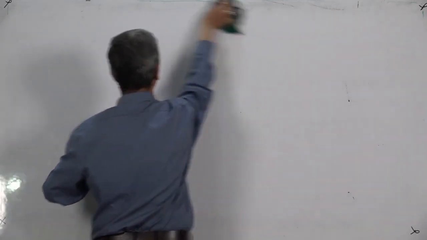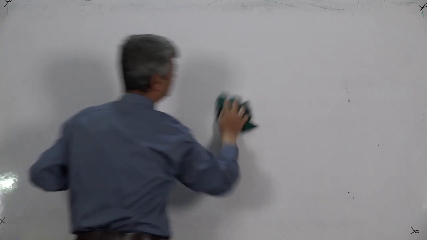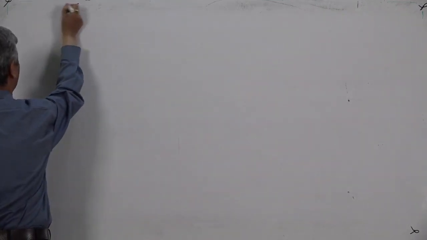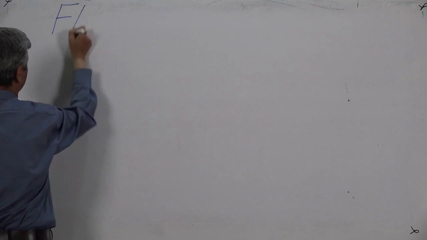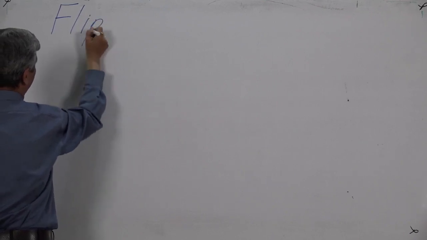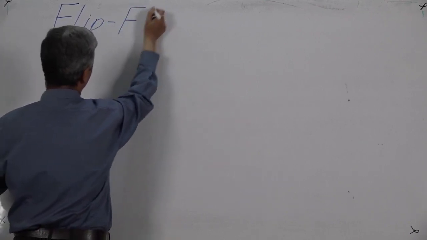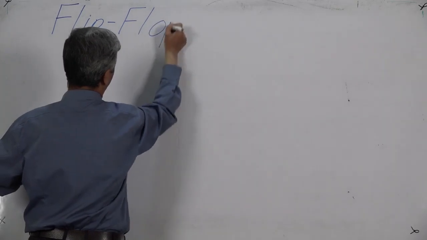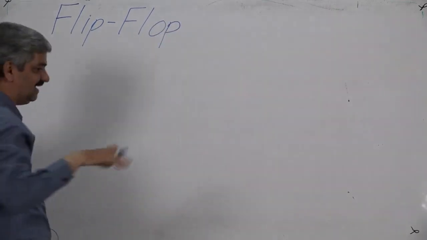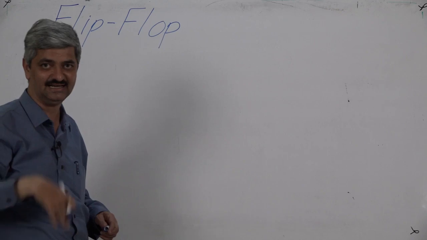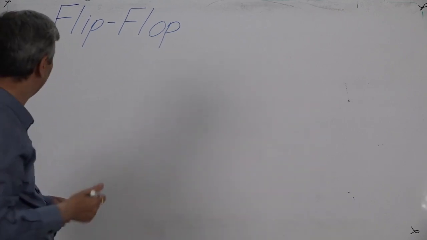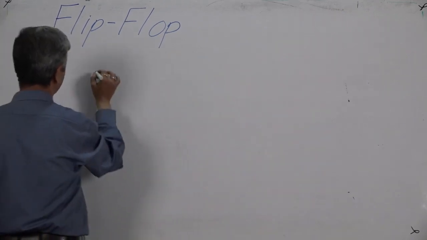It's a very interesting circuit, and I will try to explain it in simple words so that even if you decide not to understand, we have a new concept of forced understanding. Means the bombarding is in such a manner that you cannot create a condition where you will not understand. Flip-flop, so it is a very interesting circuit.